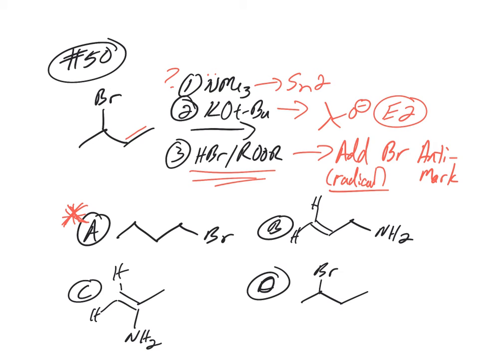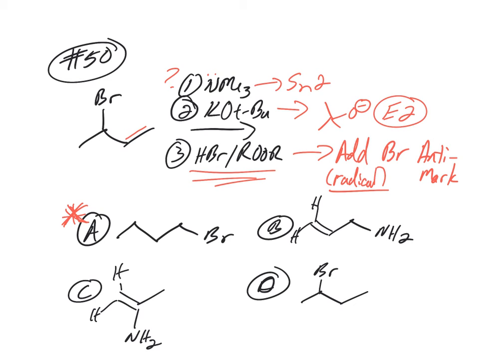It'd be nice if they had told you 2 H's for the integrations, but they didn't. But you should look at it and be like, wait a second. There's 3 that are equal height and 1 that's bigger. If I look at A, I see there's 3 CH2s and 1 CH3. So that must be that. And if I look at D, I see 2 CH3s, a CH, and a CH2. So just looking at the integrations, I know that can't work for the NMR too.